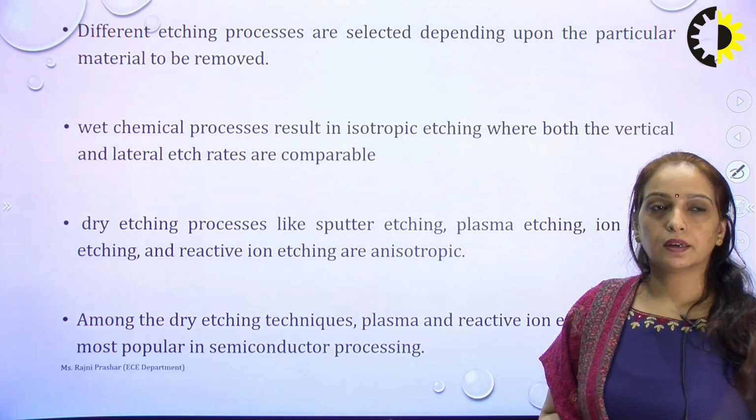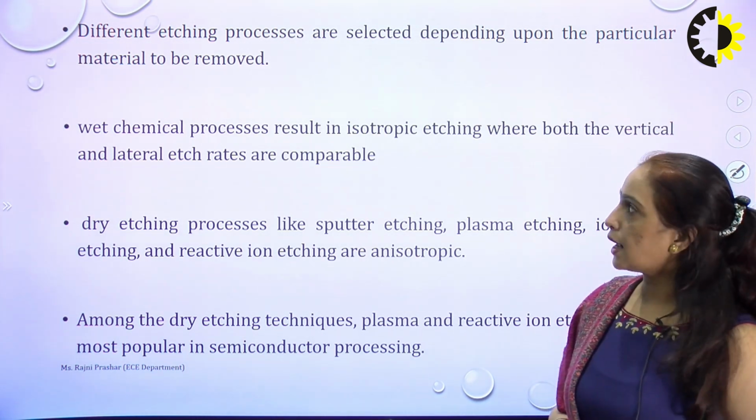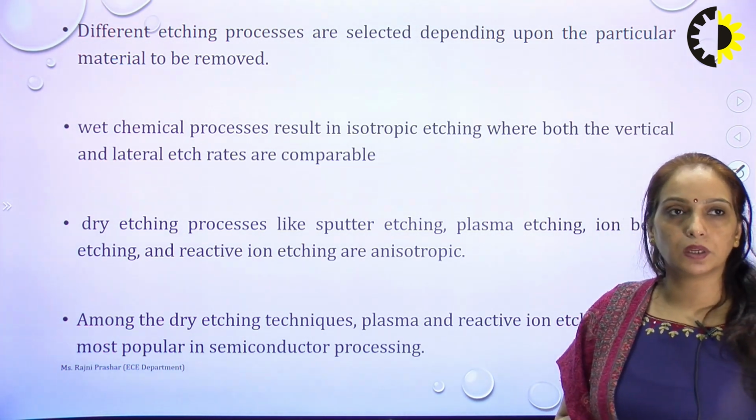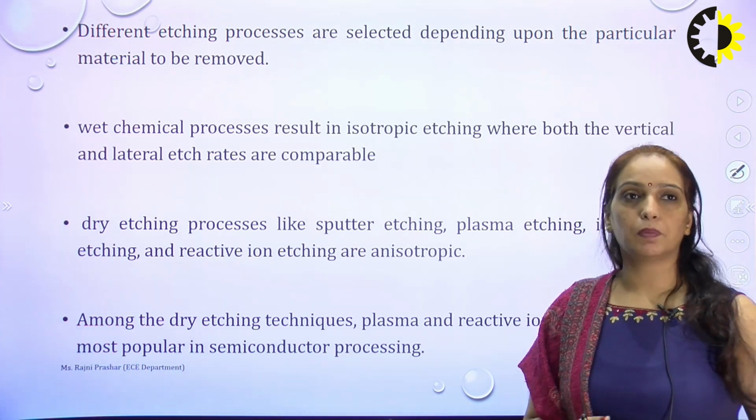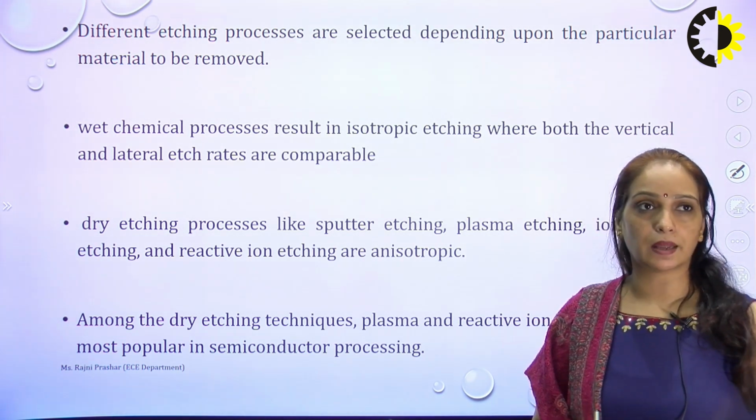So different etching processes are selected depending upon the particular material to be used, which material we are going to etch. So depending upon that material, your etching process can be different.